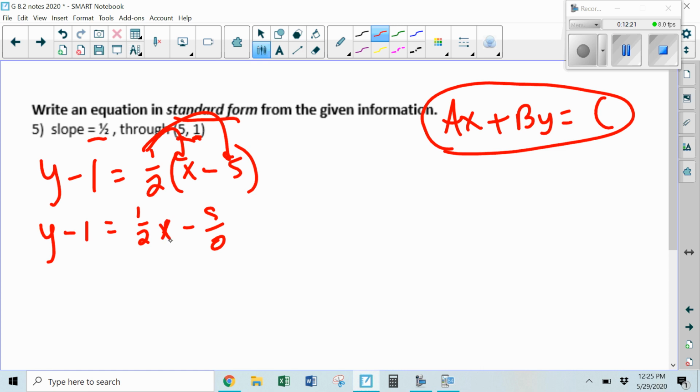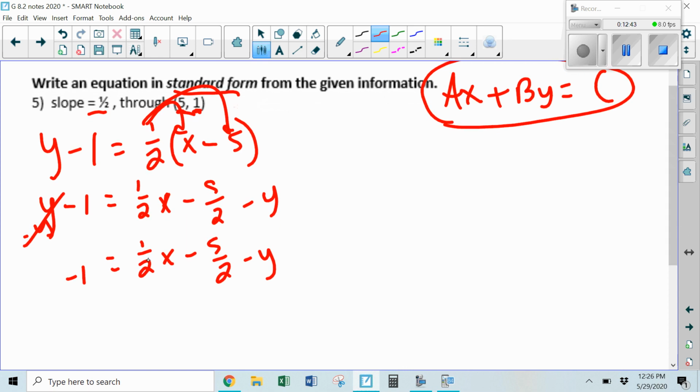All right, since my x's are on this side, I'm going to move the y to be on this side also. So I'm going to subtract y so that it's no longer on that side. So I have 1/2 x minus 5/2 minus y. Now that I have my x's and y's together, I need anything else to be on the other side. So I need to get rid of this 5/2. So I'm going to add 5/2 to both sides.